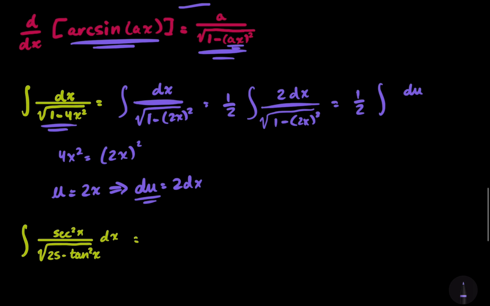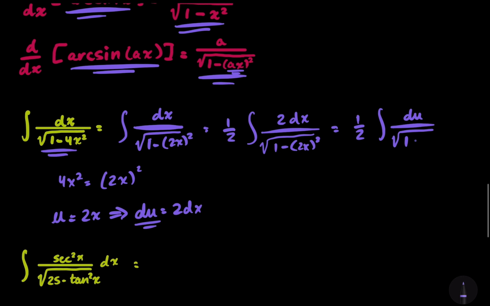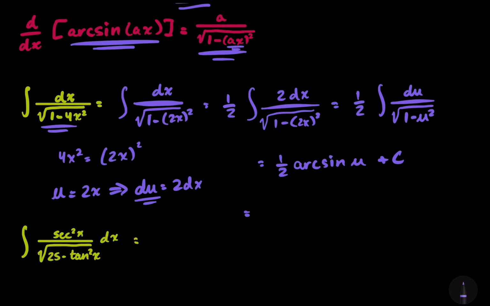So that becomes du over the square root of 1 minus 2x, which we said was equal to u, so this is 1 minus u squared. Finally, this is equal to 1/2 times arcsin of u plus c, because this will be arcsin of this input, which is u in this case. And then finally, we back substitute to end up with x again.